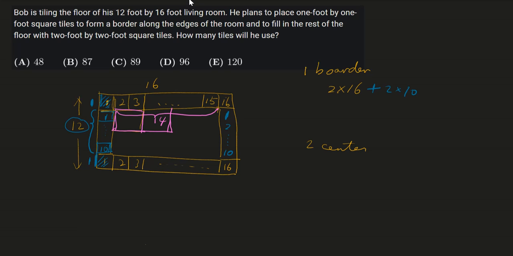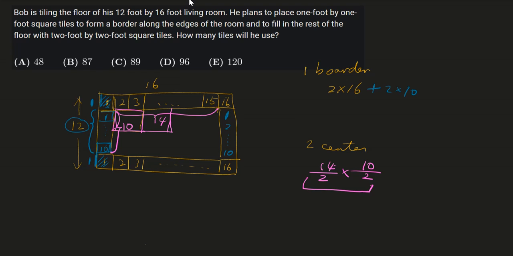That's 14. And this side will be 10. Therefore, in each row in the center, he has to place 14 over 2 many large tiles. And how many rows does he have? He has 10 divided by 2 many rows. Therefore, this is the number of large tiles that he got to use to cover the center.